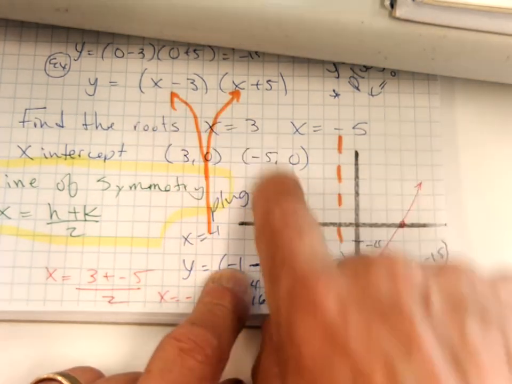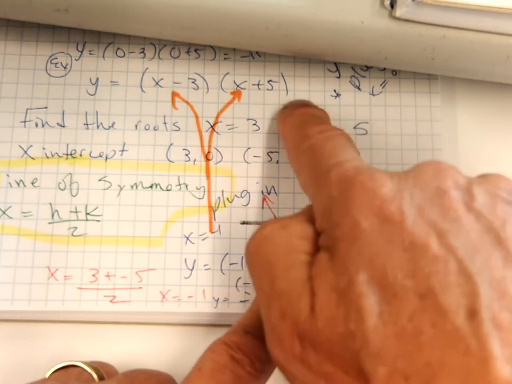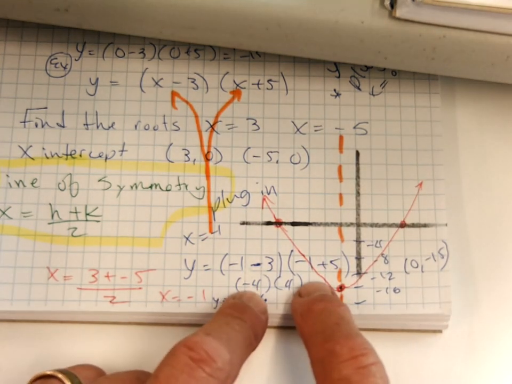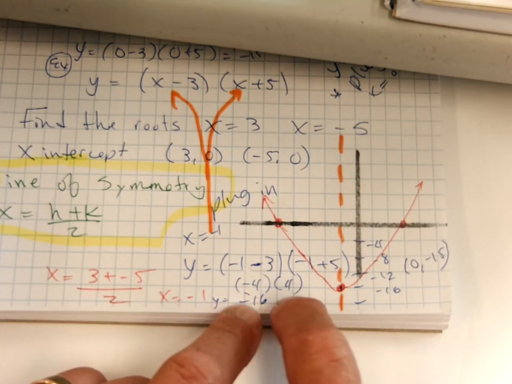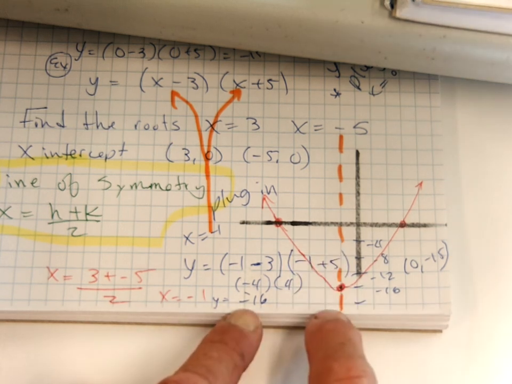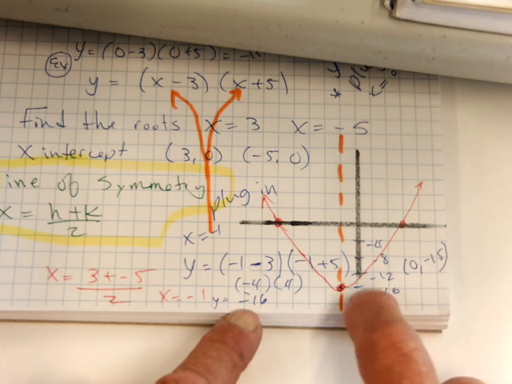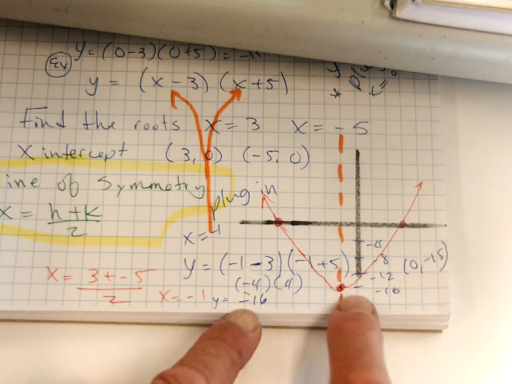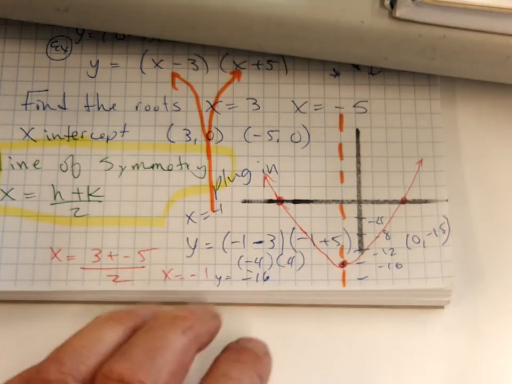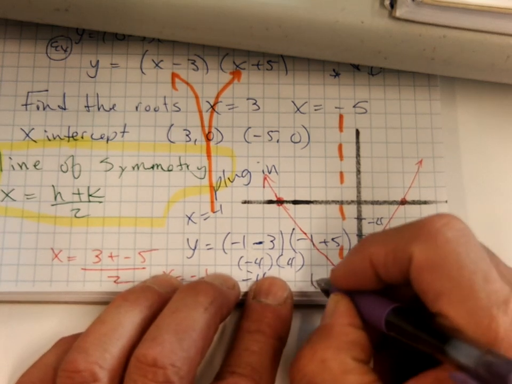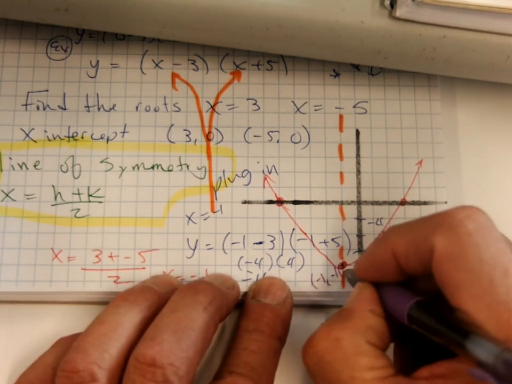I got negative 1 minus 3, negative 1 plus 5. I get a negative 4 times a positive 4, which gives me a y value of negative 16. Therefore, my vertex is at negative 1, negative 16.